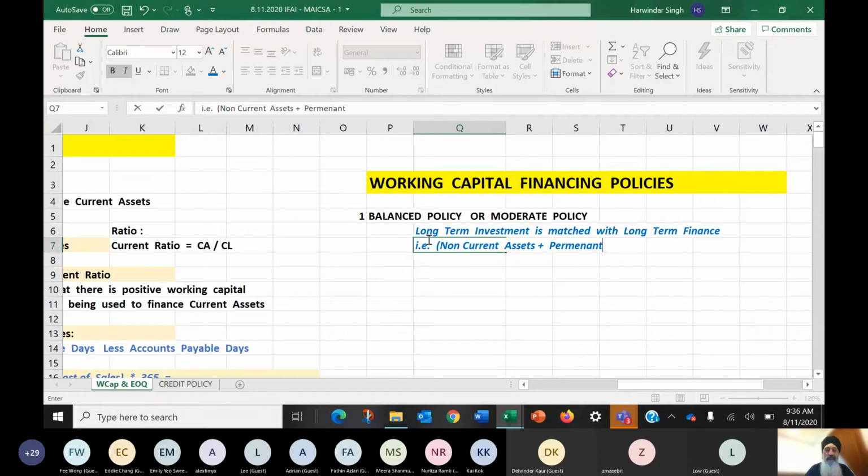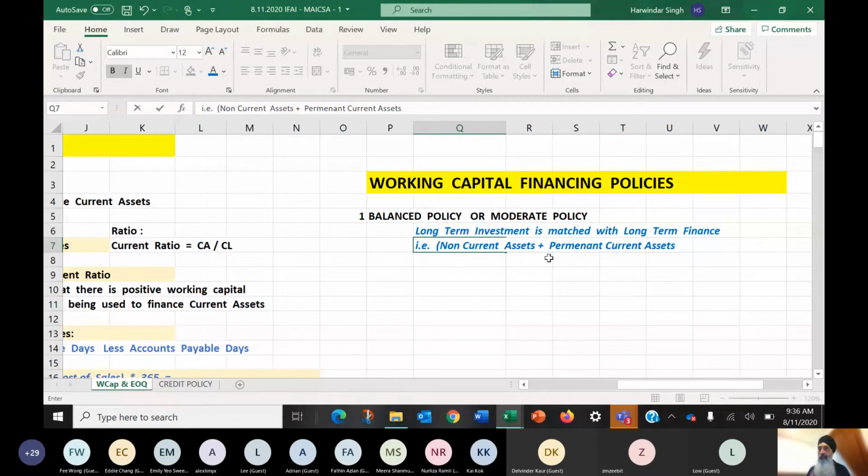Remember this word, permanent current assets. Permanent current assets is the minimum amount of your accounts receivable and inventory, because there's always a minimum amount of inventories in a business all the time. There's always a minimum amount of our money tied down with our debtors all the time. So that's not short-term investment, that's long-term.